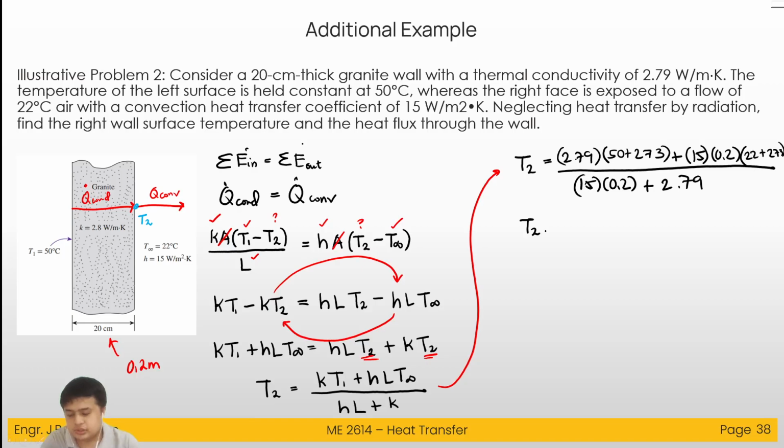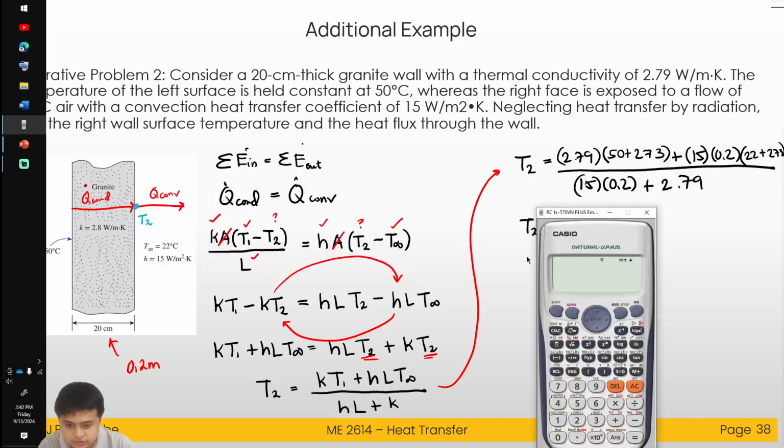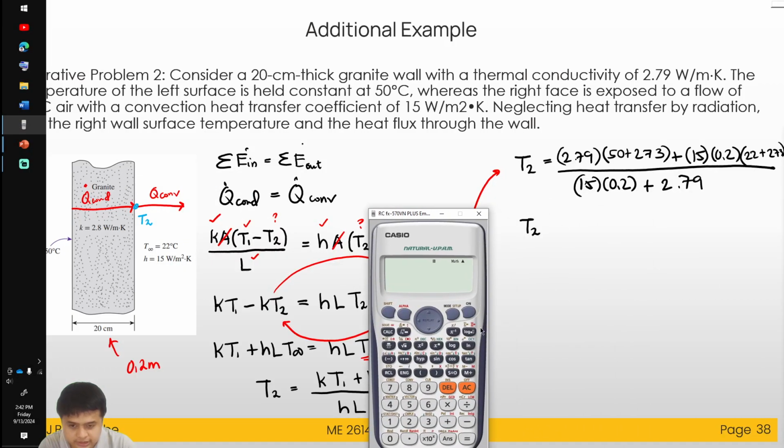So solving this using a calculator, you have 2.79 times 50 plus 273, plus 15 times 0.2 times 22 plus 273, all over 15 times 0.2 plus 2.79. Okay, so the answer is 308.49.